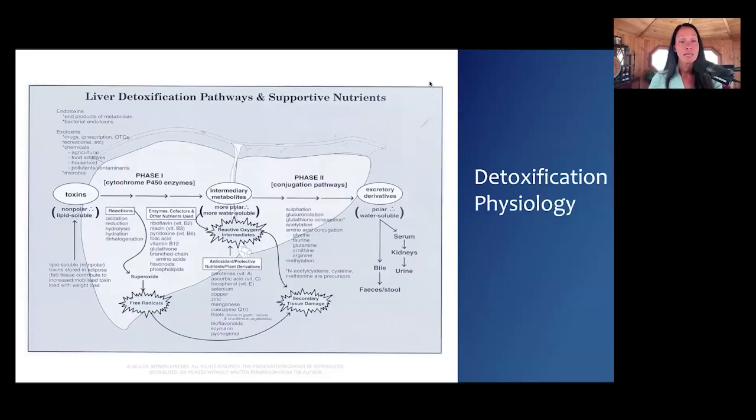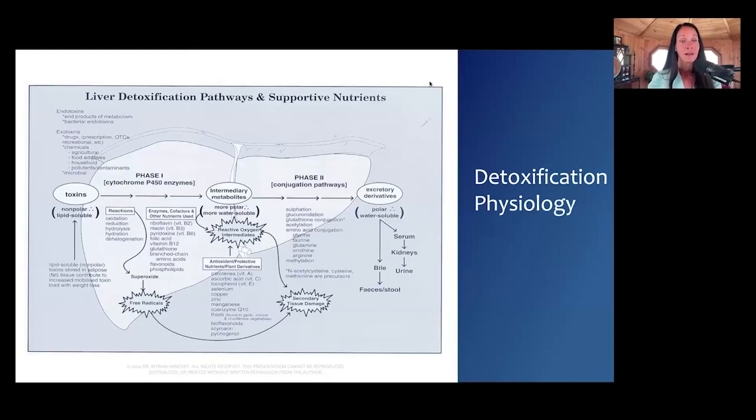And so we want to be careful when we're adding in detoxification nutrients because if we push phase one to work more quickly than phase two, we will actually have a buildup of these intermediary metabolites, which are actually more toxic and more damaging than the original toxin itself.